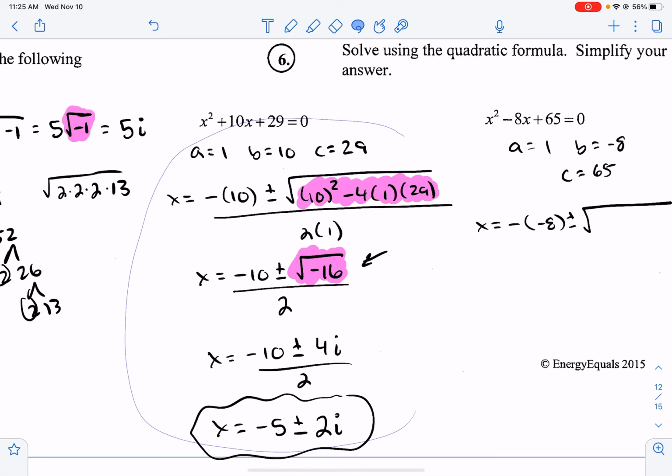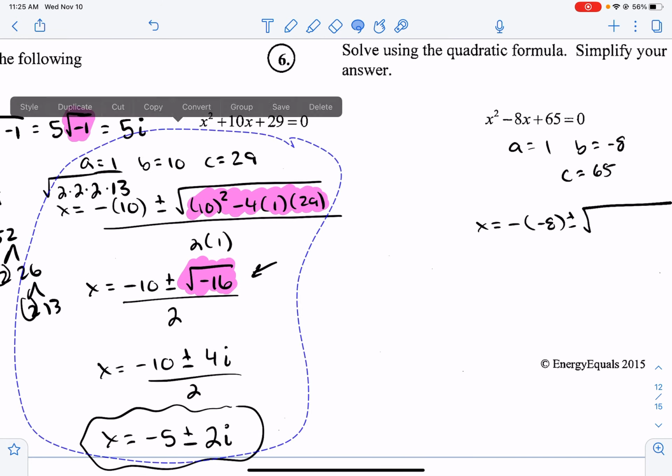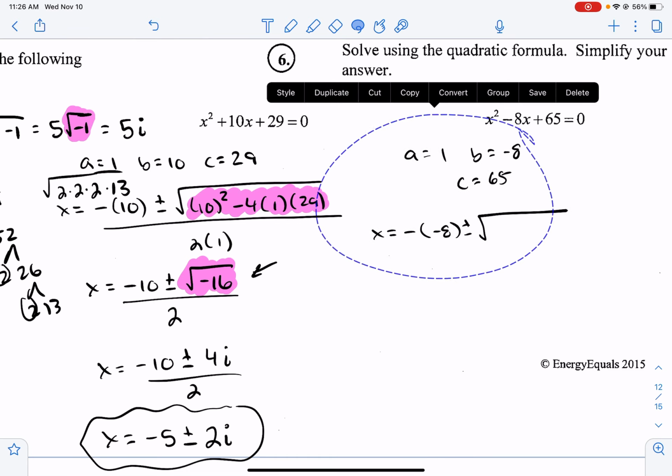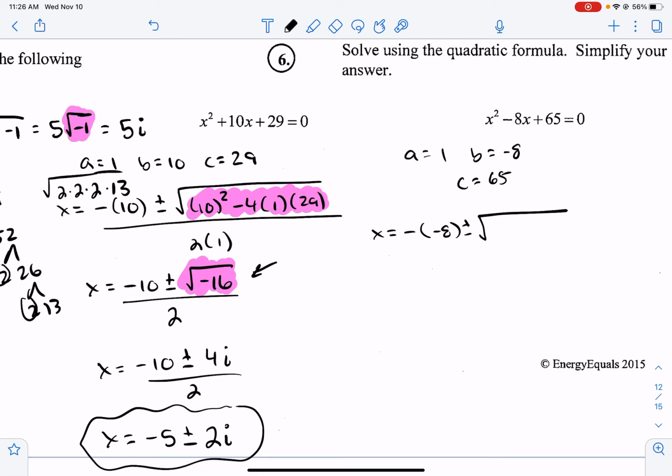Hold on. Let's move some things. Give ourselves some more room. So x equals negative 8 plus or minus the square root of negative 8 squared minus 4 times 1 times 65. Yikes, that's a big number. All divided by 2 times a, which is 1.